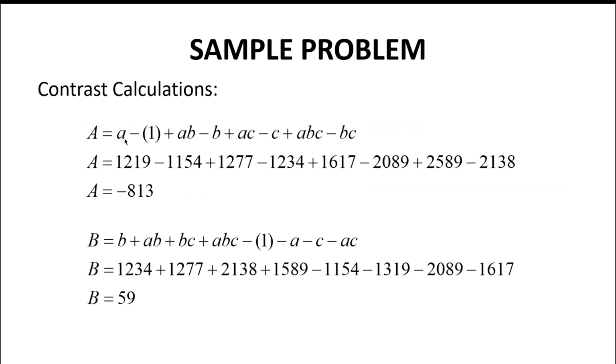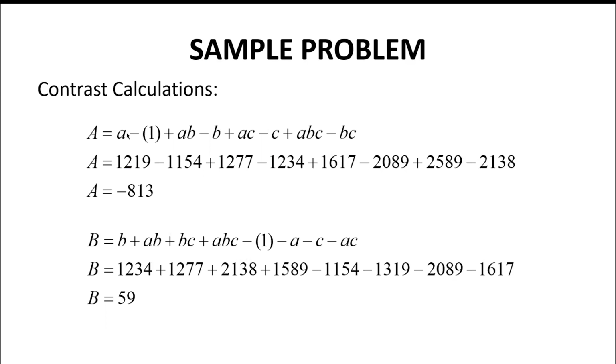Pero later, pagka nakita nyo sa table, mas mag-make sense. Pero parang sinasabi lang, whenever the factor is in its high setting, we assign it as a positive value. Tapos kung nasa low setting siya, we assign it as a negative value.